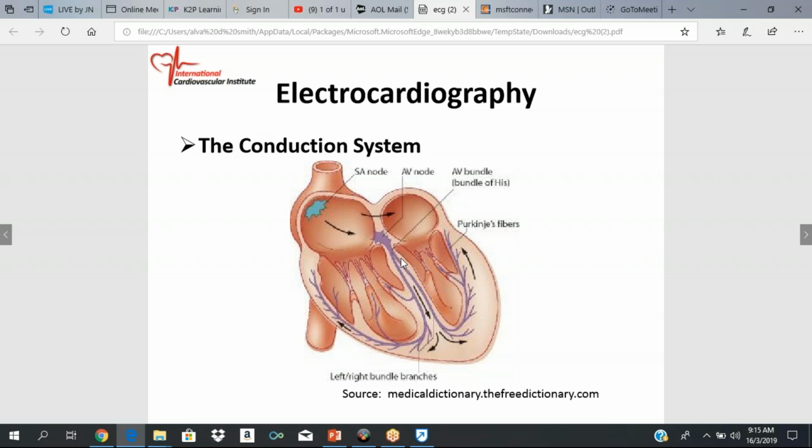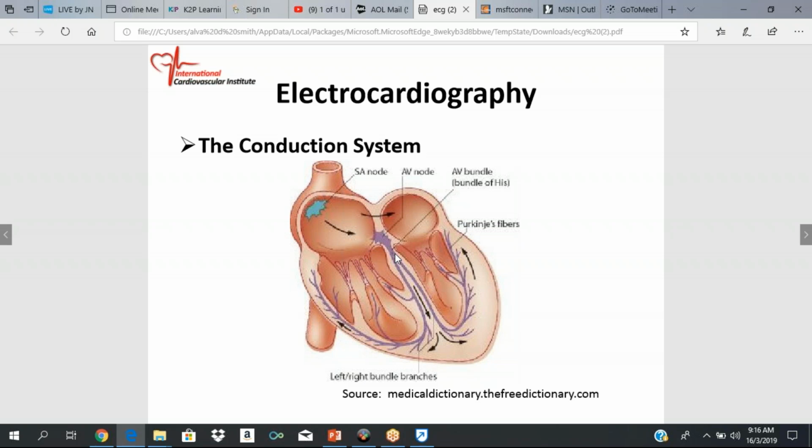The left bundle branch divides into two specialized conduction systems. We call one the anterior fascicle and the other one the posterior fascicle. So the left bundle splits into two, and you get an anterior fascicle and a posterior fascicle.